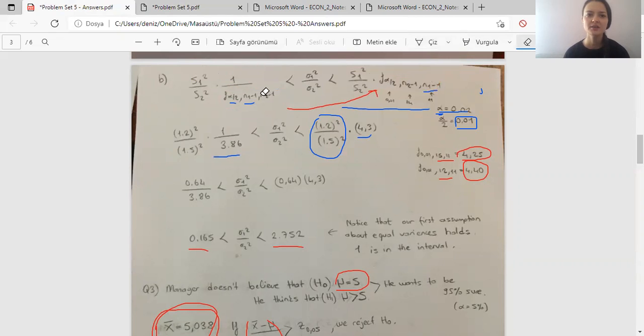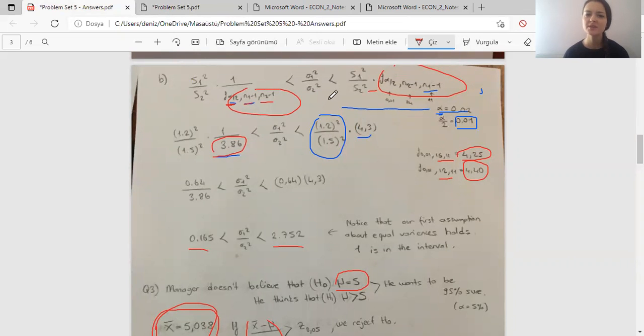Well, here I have just used the formula and looked at the table for f alpha, what was the alpha? F 1%, 11 and 14 from the table, and I have seen this value, and then I checked the f 1%, 12 and 11 from the table. Those values are different from each other.